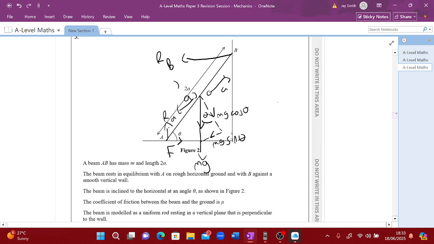That's just literally up or down, or left or right. So it's best to, instead of resolving perpendicular and trying to convert every component to be perpendicular and parallel, just go up and down in this particular case.